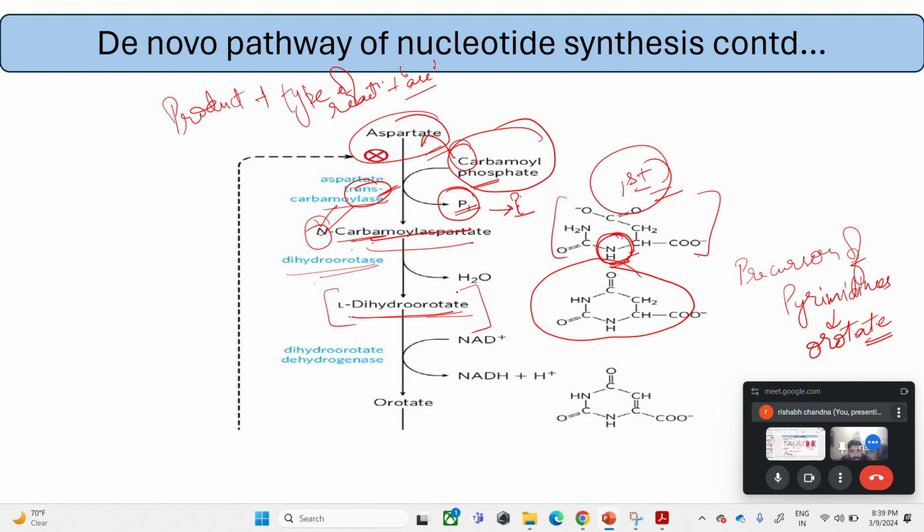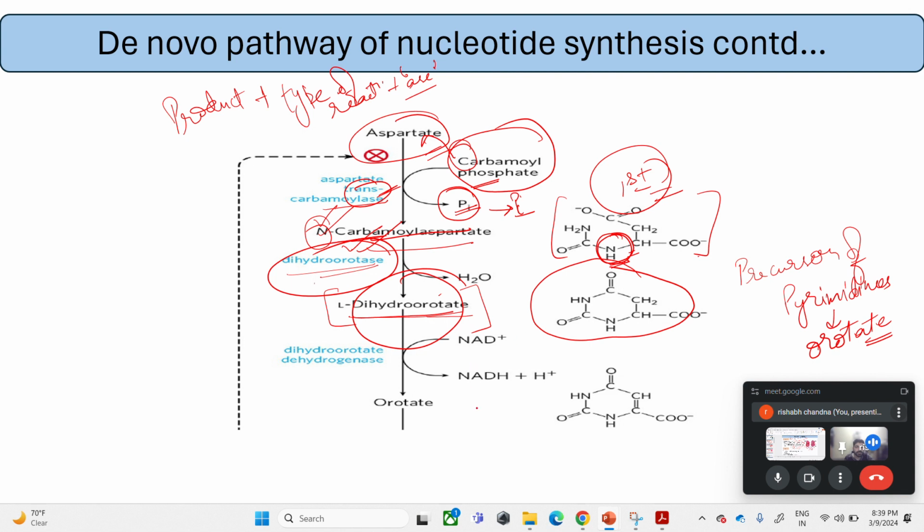So here dihydroorotate is forming, so the enzyme name is called dihydroorotase. Okay, now the third reaction is a dehydrogenase reaction, a redox reaction rather. So this L-dihydroorotate forms the orotate.